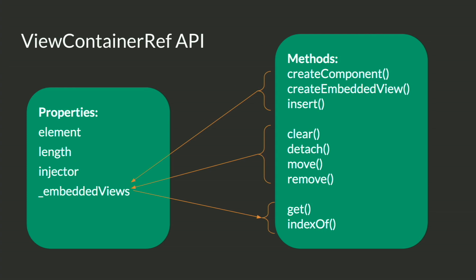So for the createEmbeddedView method, you're probably thinking, we already created a view using the TemplateRef instance. So why do we have another createEmbeddedView method? Well, the ViewContainerRef createEmbeddedView method calls the TemplateRef createEmbeddedView method, and then it also calls its insert method, which is what inserts the view's description into the embedded views array.